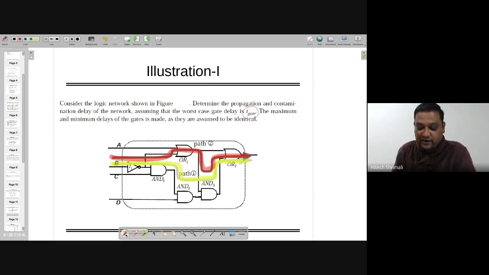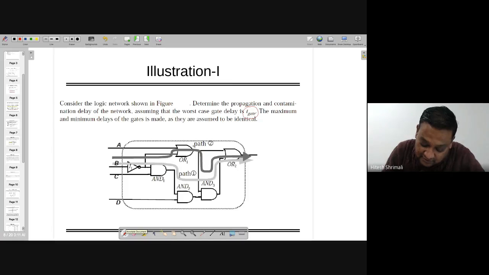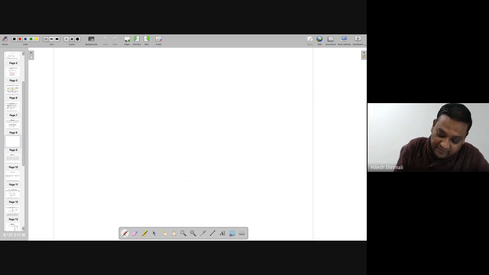But before jumping into the answer of what the propagation delay will be, because here in two paths, you might say that the propagation delay is equal to 5 T gate. It might be wrong also. So let's see how it's going to be derived. Let's assume that I'm removing these two paths one more time just to understand how these are derived, or maybe I can redraw this circuit so that it will be easier for you to understand.